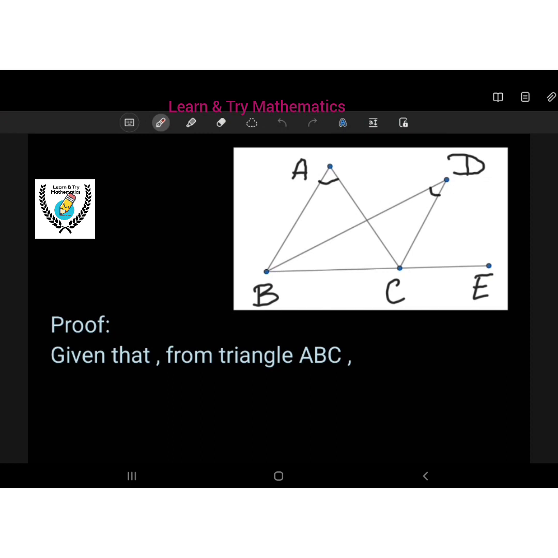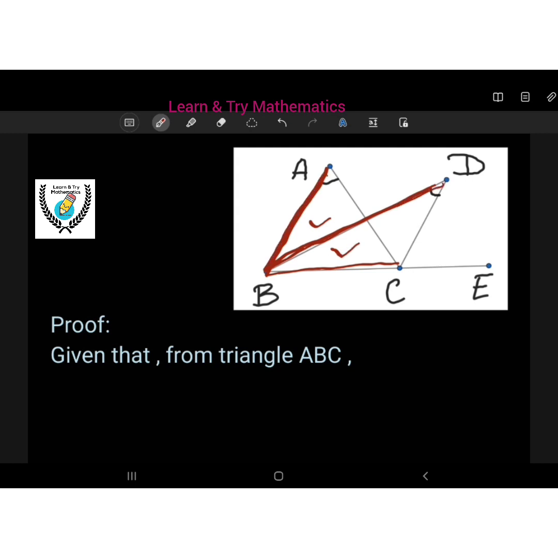It is given that from the triangle ABC, BD is the bisector of angle ABC. Then this angle and this angle are equal.